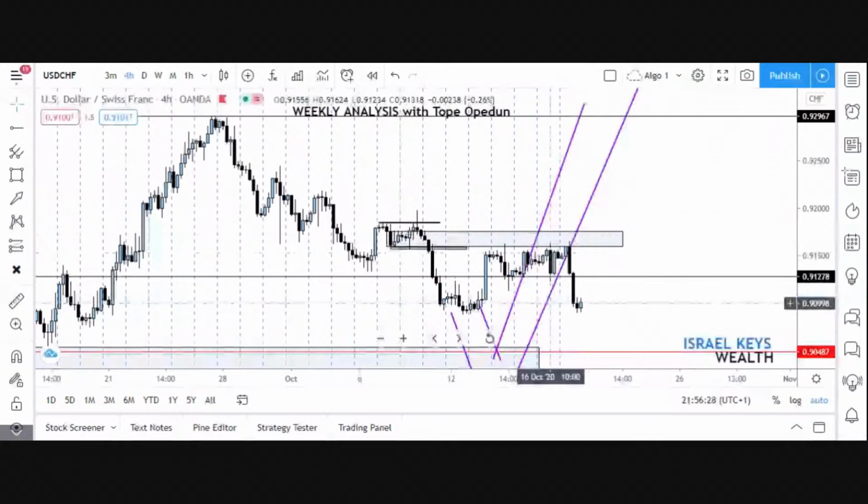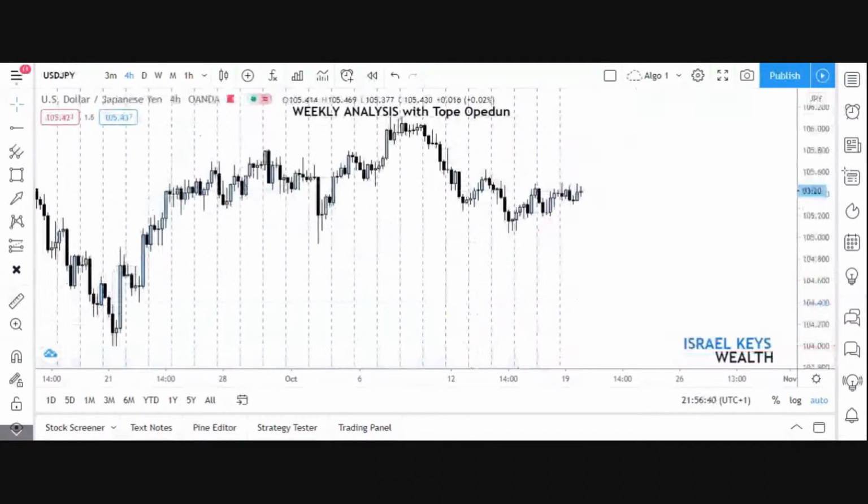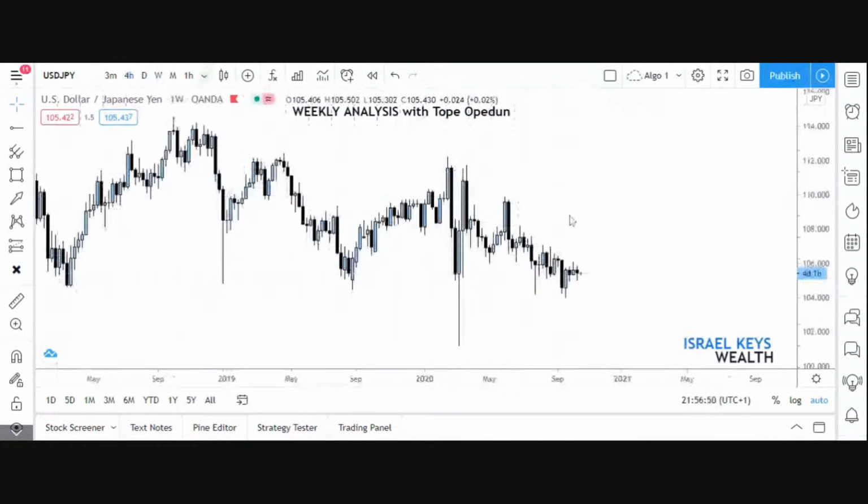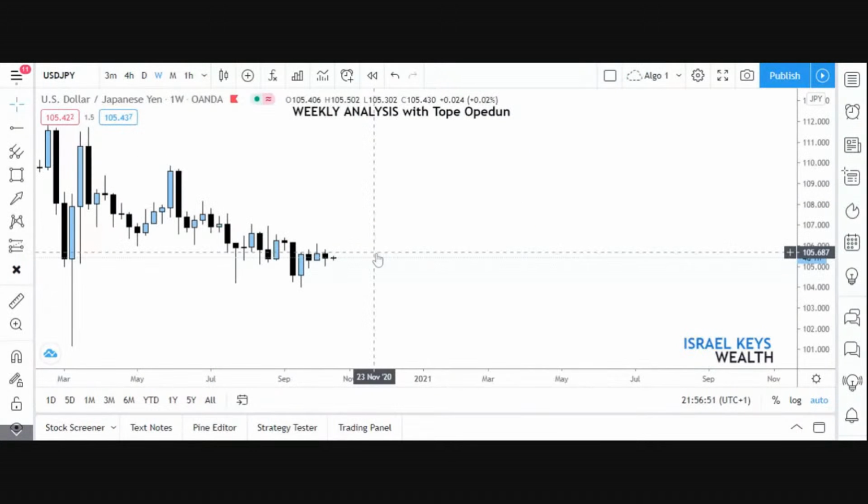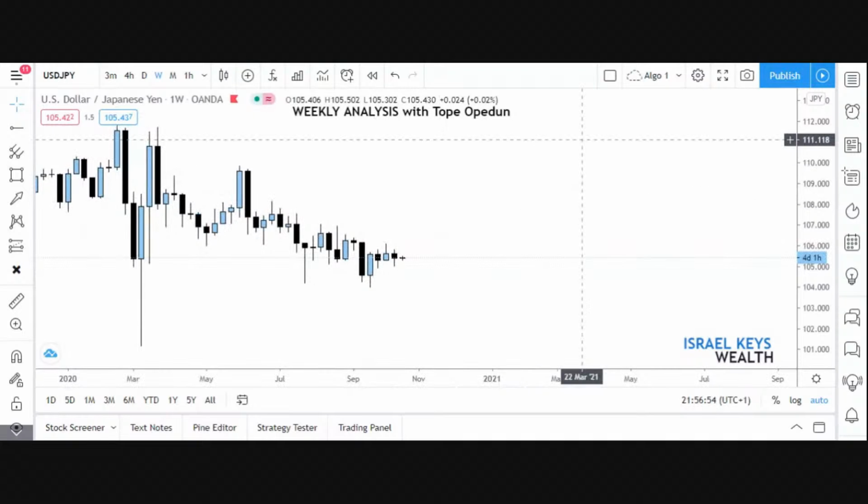All right, the last pair for tonight, USDJPY. This one, we didn't have the opportunity to look at last week. But if I were, I'd go on my weekly first, trying to identify the direction of the algo. To me, it looks south at the moment.